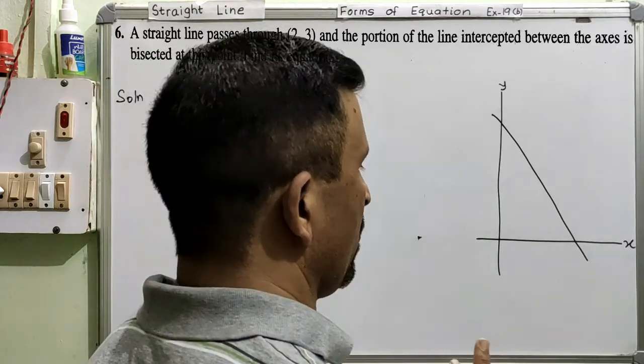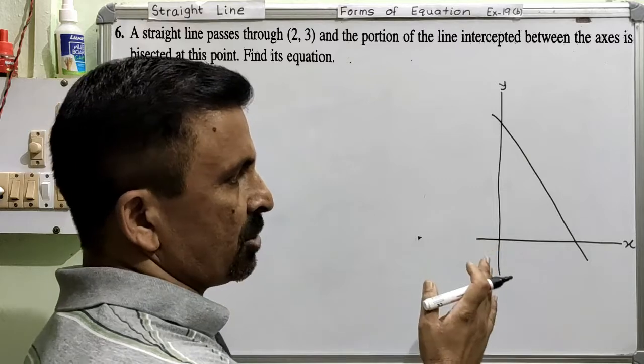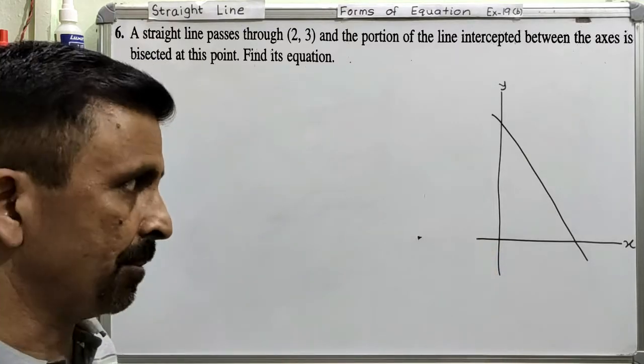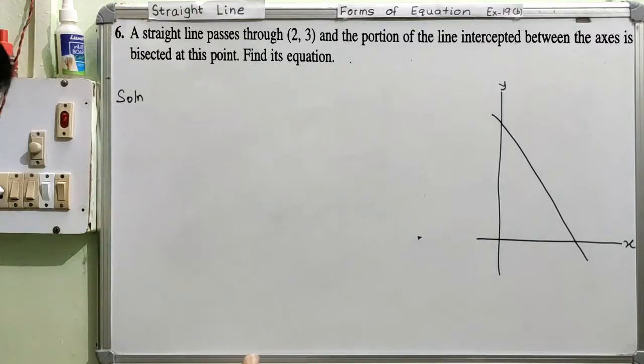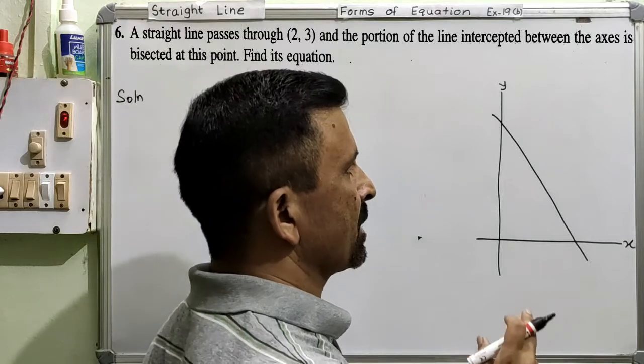Because this line has intercepts on the axes. Clear? Now, what the question says, in this question we do not have the x-intercept and the y-intercept. Clear? But the question says the portion of the line intercepted between the axes.